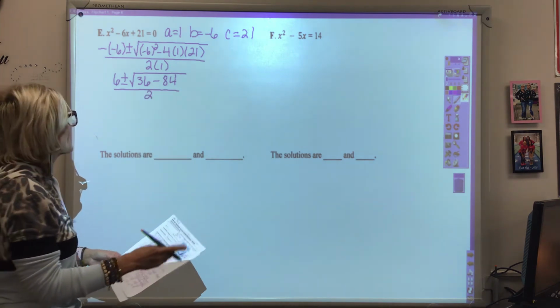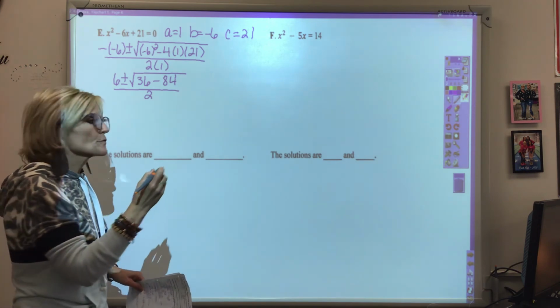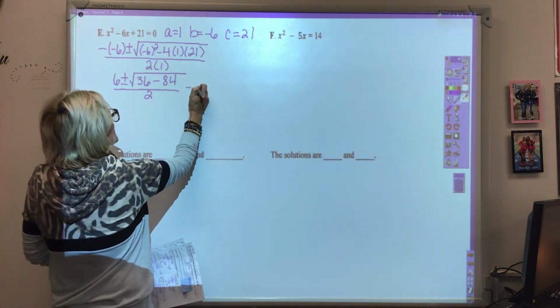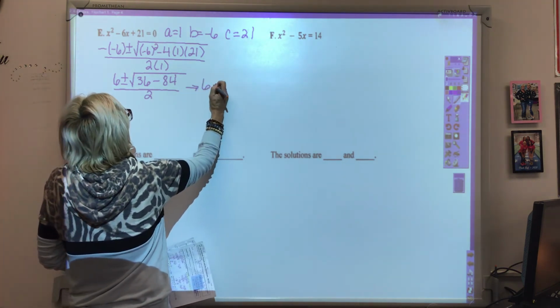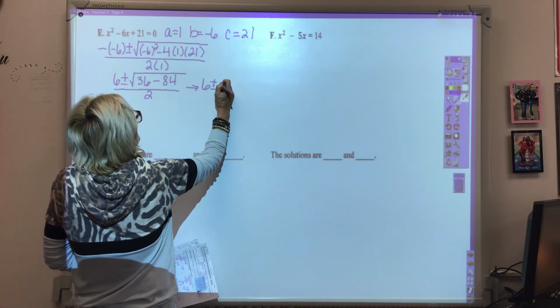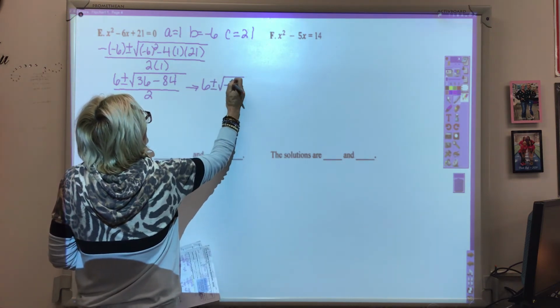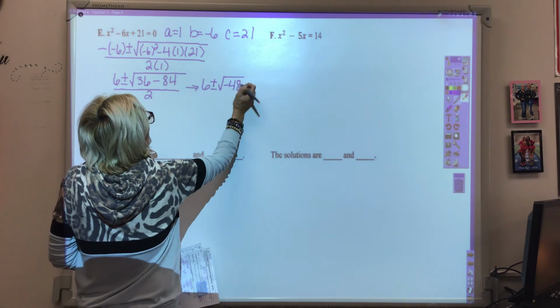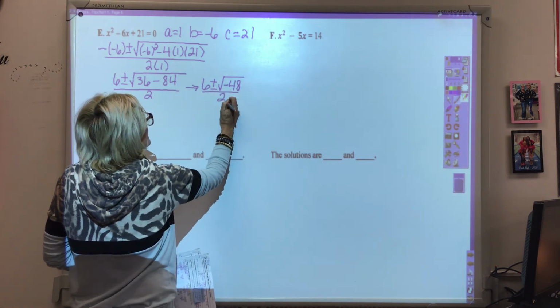And 36 minus 84 is going to be negative 48. So from here we'll have 6 plus or minus the square root of negative 48 over 2.